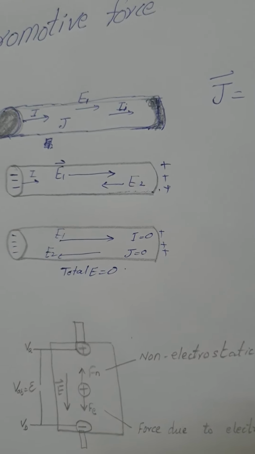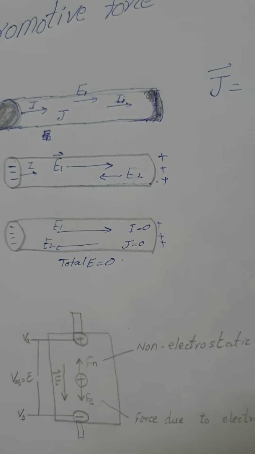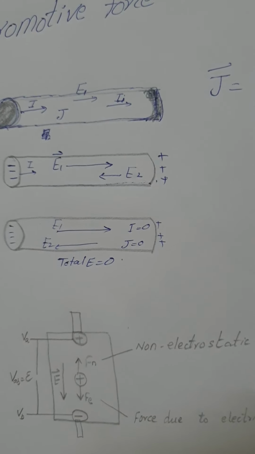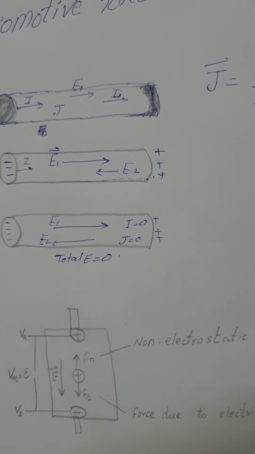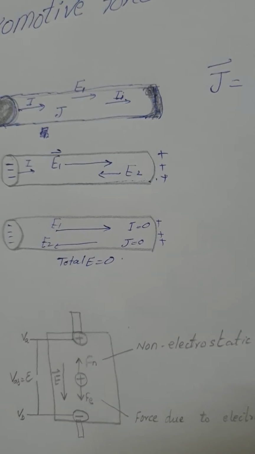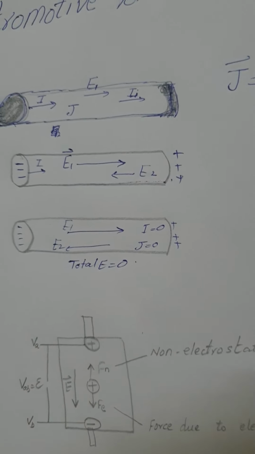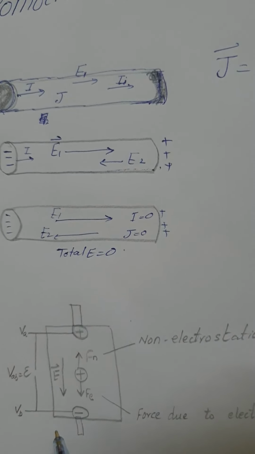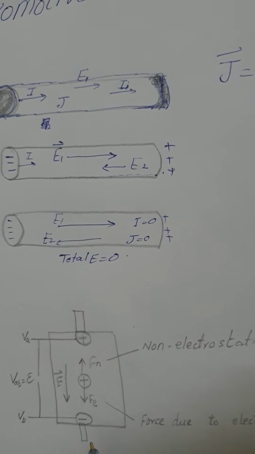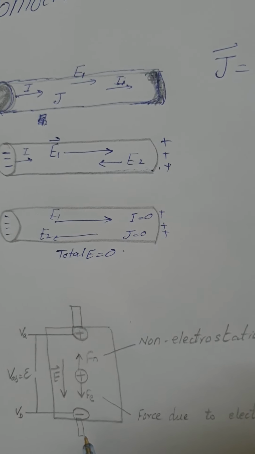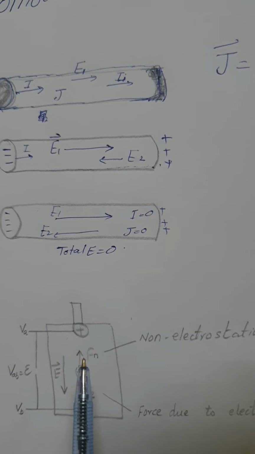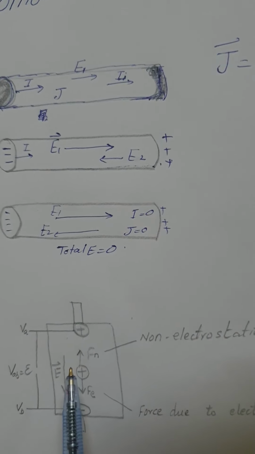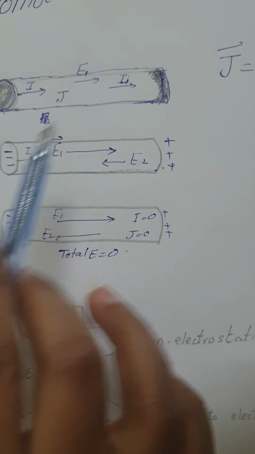So in this device which uses a pump, a charge travels uphill from lower to higher potential energy, even though the electrostatic force is trying to push it from higher to lower potential energy. So the direction of current in such a device is from lower to higher potential, just opposite of what happens in an ordinary conductor.